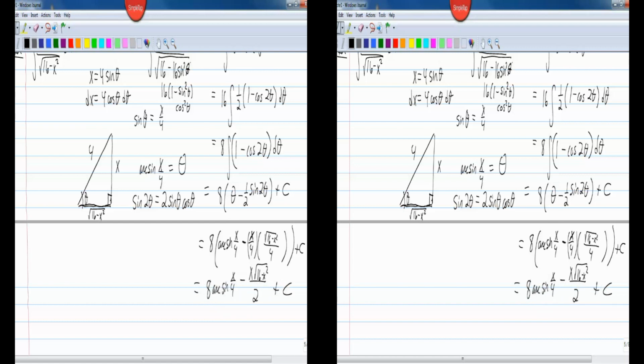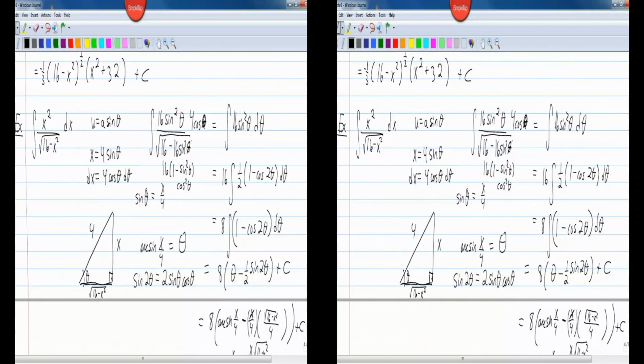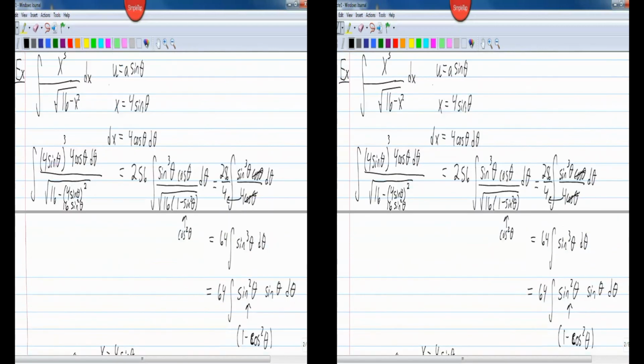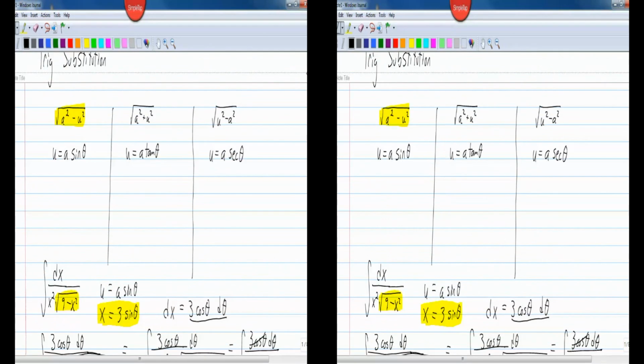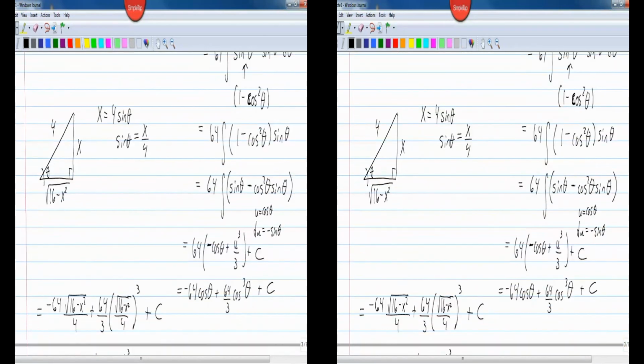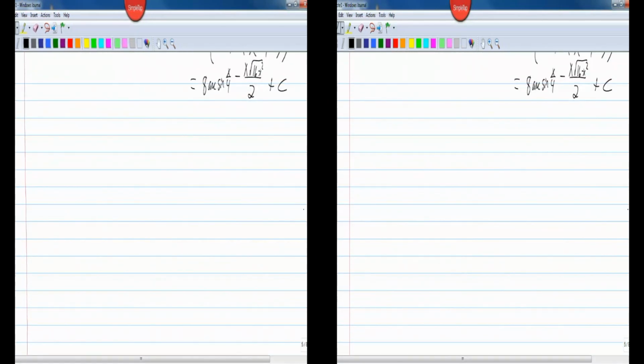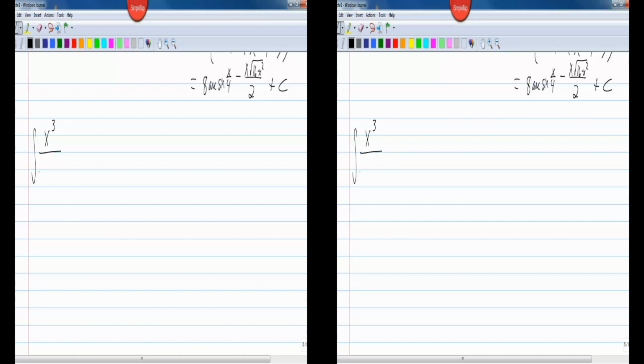All right, let me do one of the different substitutions. I've been doing the sine substitution every time, but let me find a good example of one of the other substitutions. Let's say that I had the integral of x cubed over the square root of x squared minus 25.